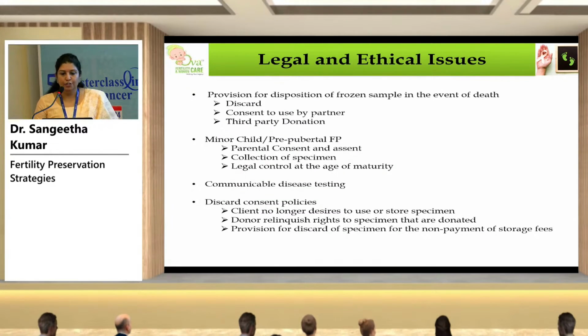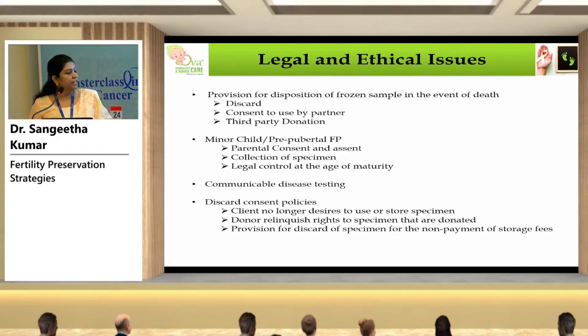Legal and ethical issues. The consent form should have a provision for disposition of the frozen samples in the event of death. So either it can be discarded, or consent to use it for the partners, or third-party donation. In case of minor or prepubertal fertility preservation, parental consent and assent should be taken. Collection of the semen should be counseled before. Legal control at the time of maturity has to be mentioned.